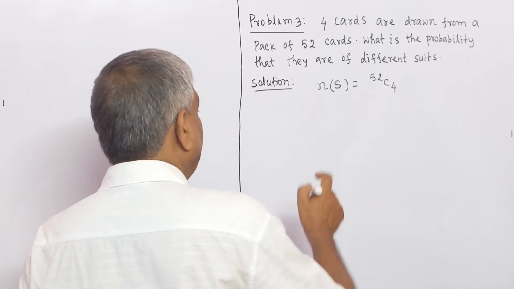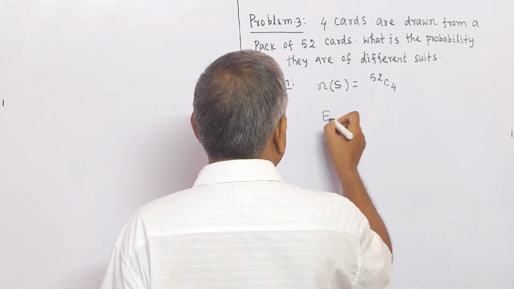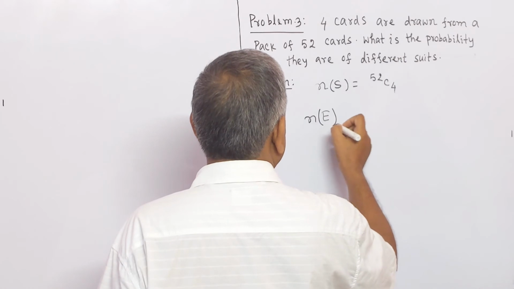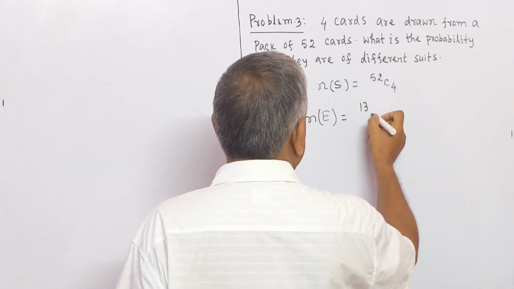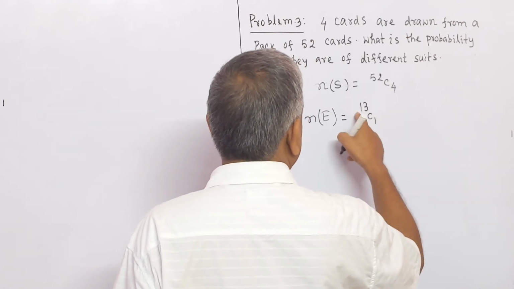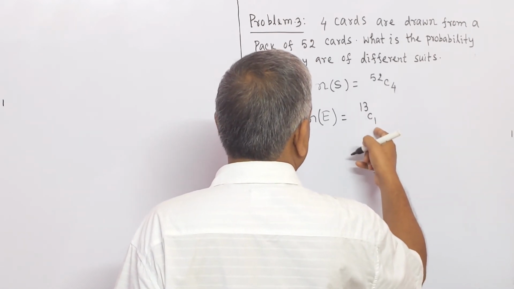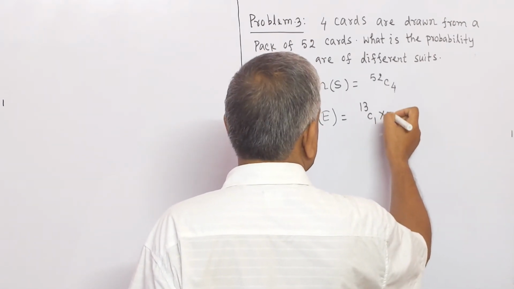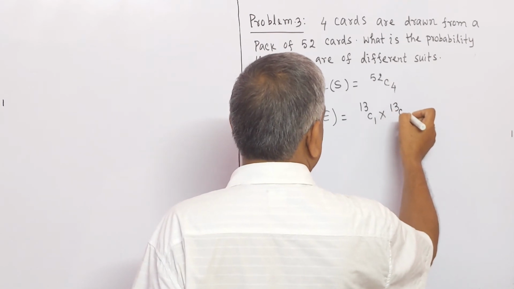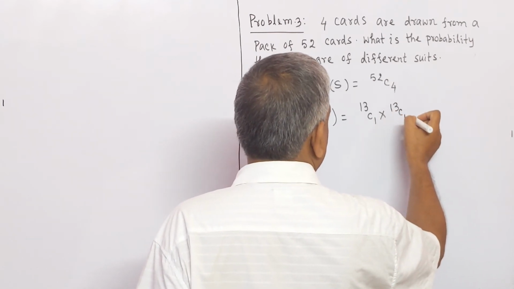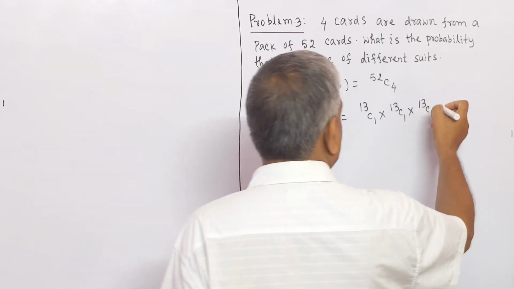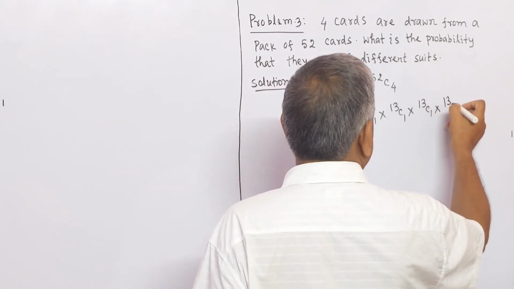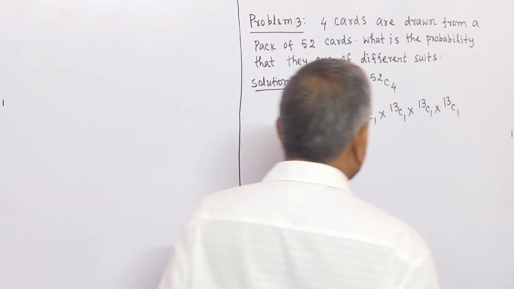So the event will be: we have to select 1 card from spade, out of 13 cards, 1 card spade, 1 card club, 1 card heart, 1 card diamond.